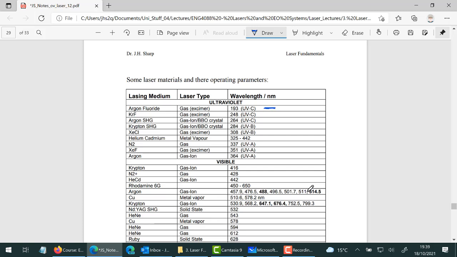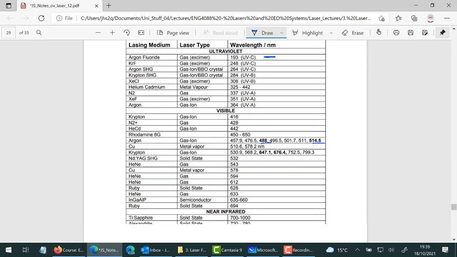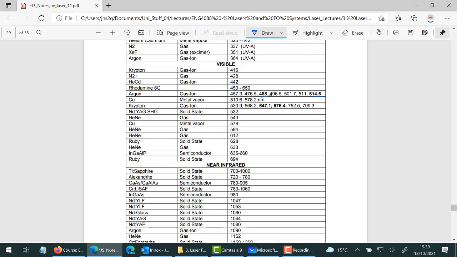The ones that are shown in bold here, these were kind of very common wavelengths, but now that everything's moved away from gas lasers, we tend to use either semiconductor lasers, solid state lasers at the right wavelength, or tunable lasers where you can change the wavelength as the laser is actually working.